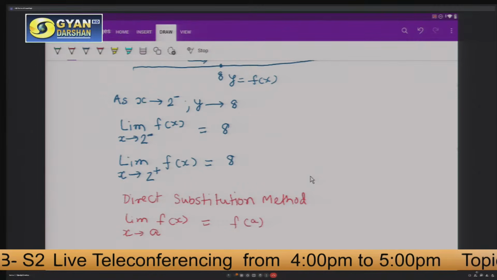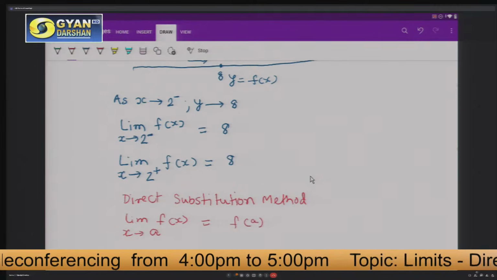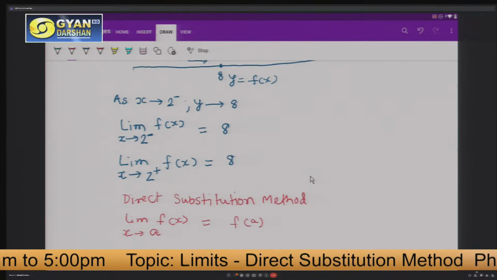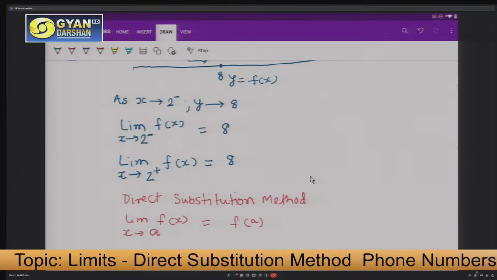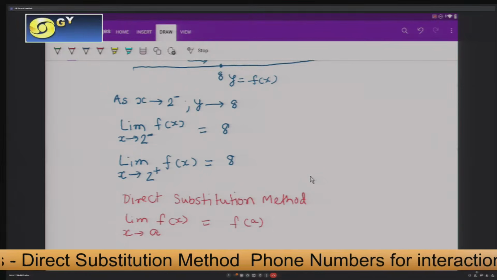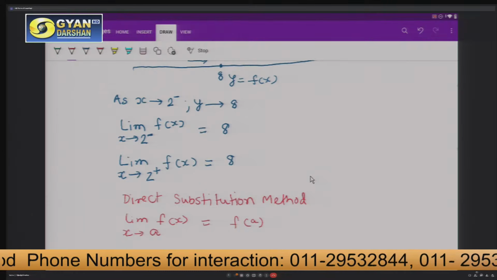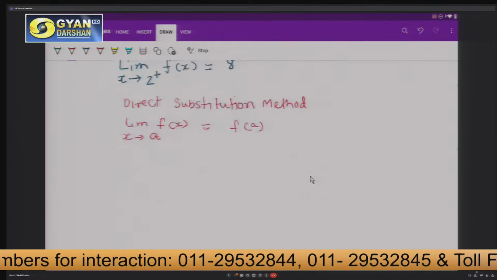So we directly substitute the value of a in place of x. So f(a) will be its limit. This is called the direct substitution method. It's very simple.